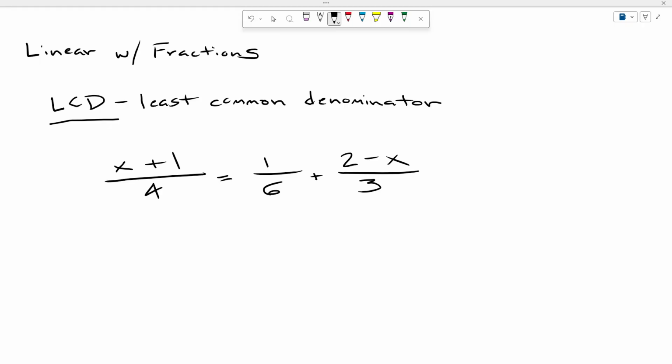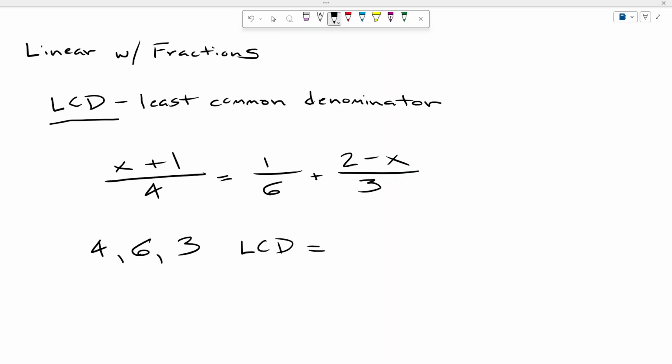In this case, in our denominators, we have 4, 6, and 3. So what would our LCD be in this case? Well, worst case, if it doesn't come to you right away, we can just try. Say we tried 8. Well, 4 works, but 6 and 3 don't evenly go into 8. 10, none of them go in evenly.